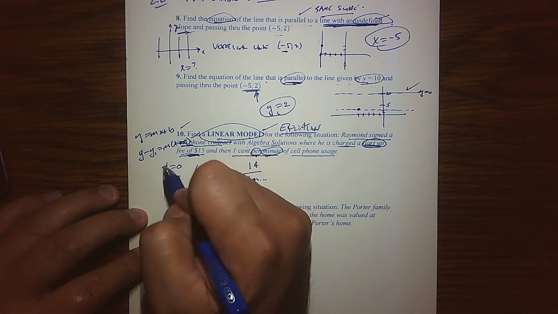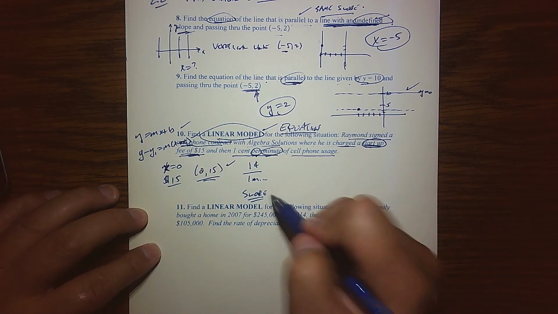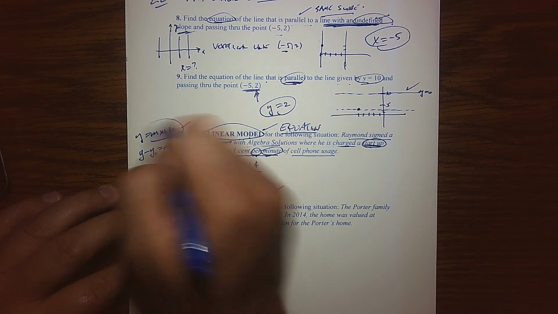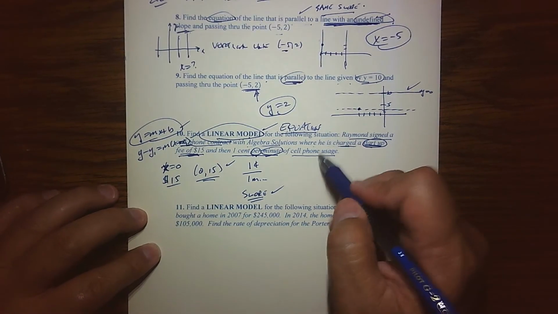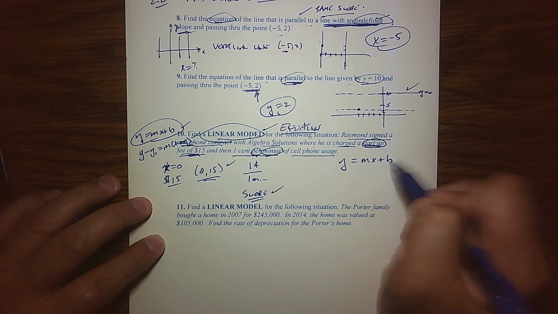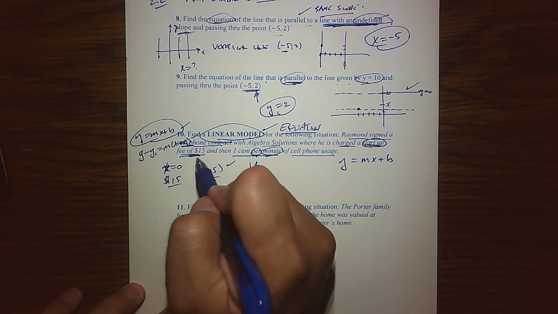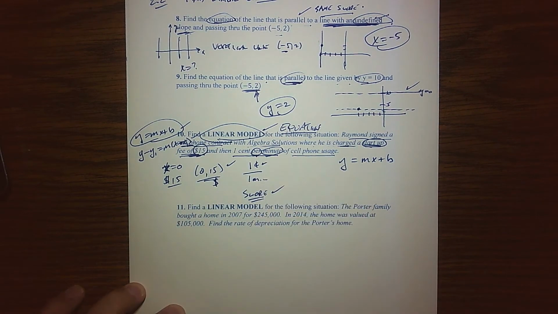And how about I call that x when x equals 0? So we have a y-intercept, we have our slope. I'm thinking, why don't we just use good old-fashioned y equals mx plus b? And now the next challenge, before we go do this, is that this one's very interesting because this is written in dollars and this is written in cents.